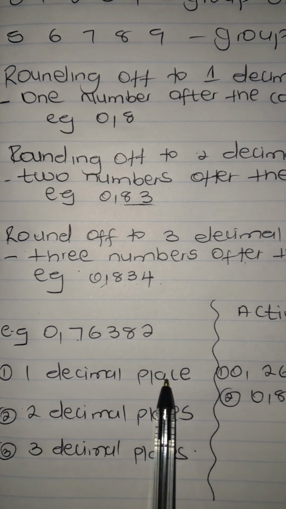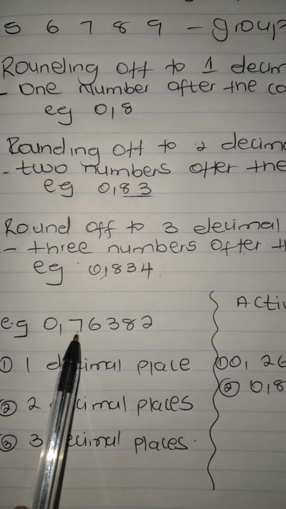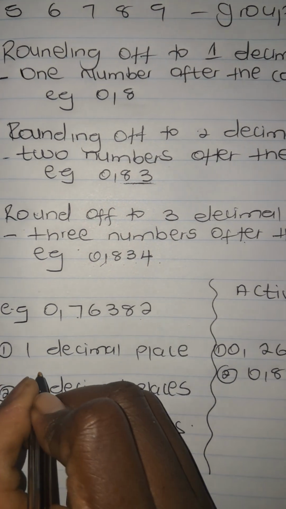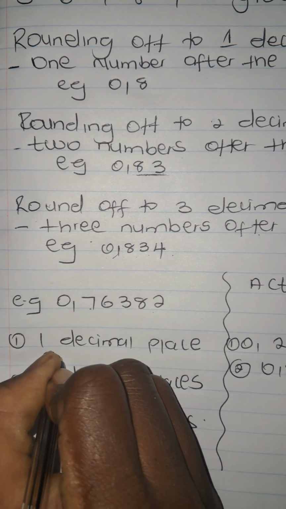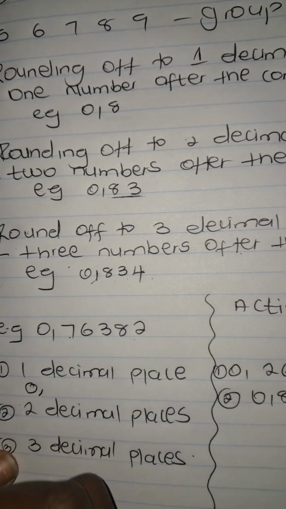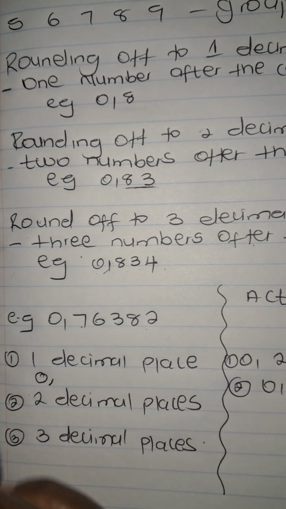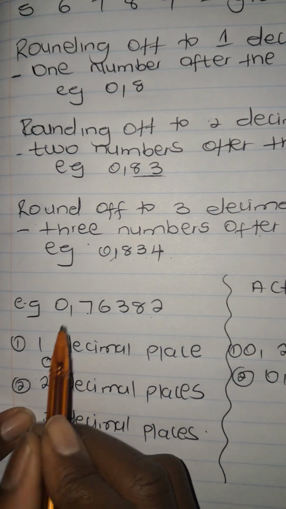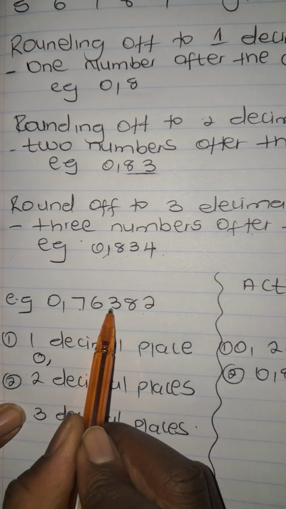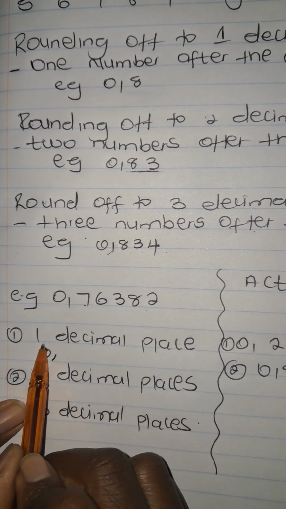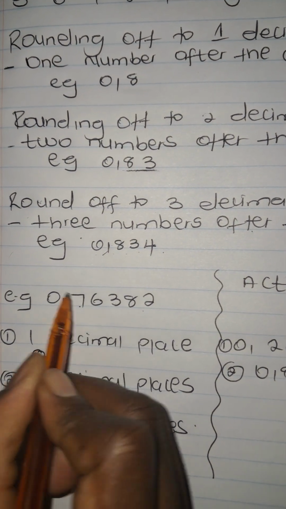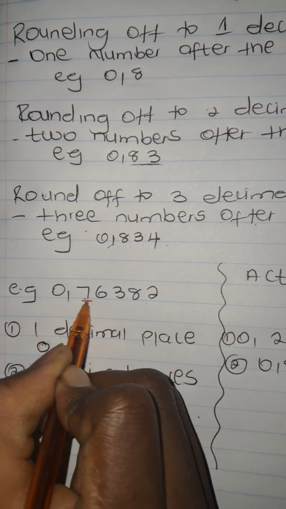Now one decimal place. So now if we are to round off 0.76382 to one decimal place, means one number after the comma. I just wanted to use a different color, so at least you see which ones are the answers. So it's 0, now my focus number is 7.